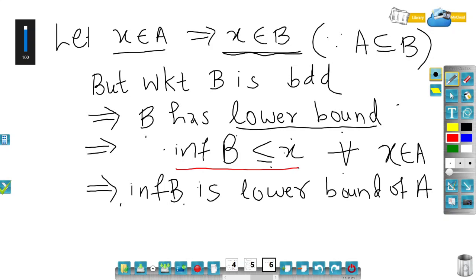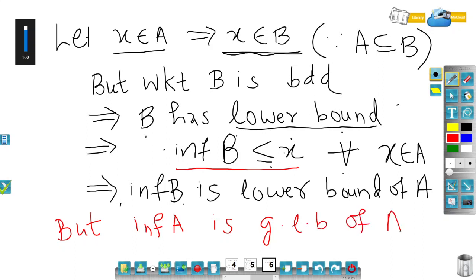But we already know one of the lower bounds of A, infimum of A, is the greatest lower bound of A. So now here I got two lower bounds of A. The first lower bound is infimum B. A के दो lower bound हैं.